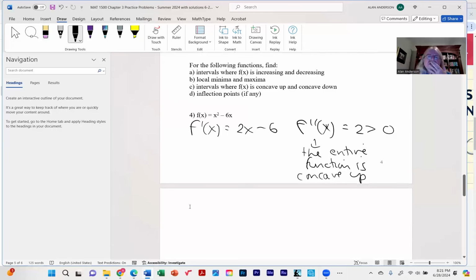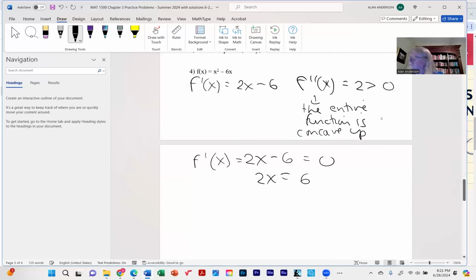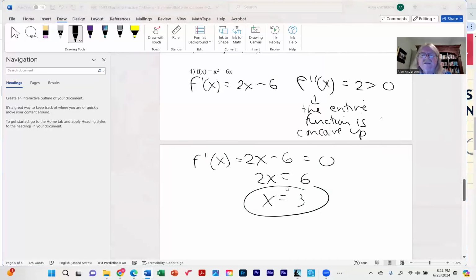But let's try this. Let's go through all the steps anyway, and we'll say, all right, well, where is the relative maximum or minimum? All right, so that's 3.